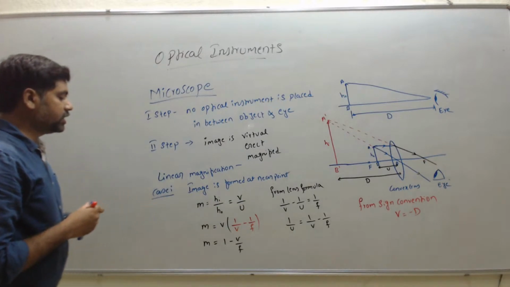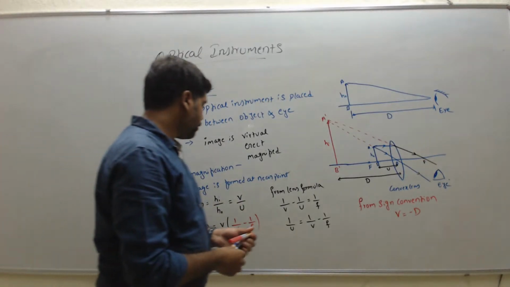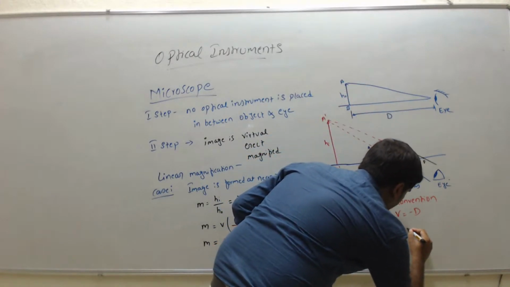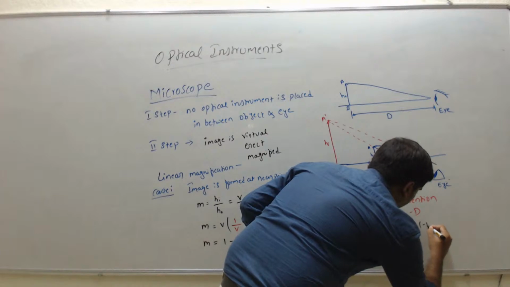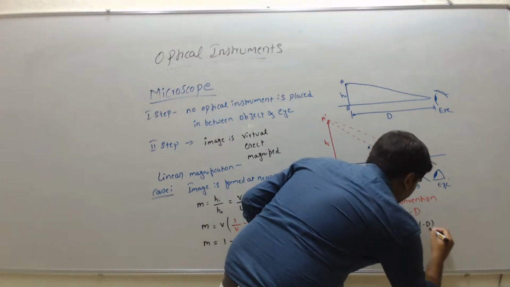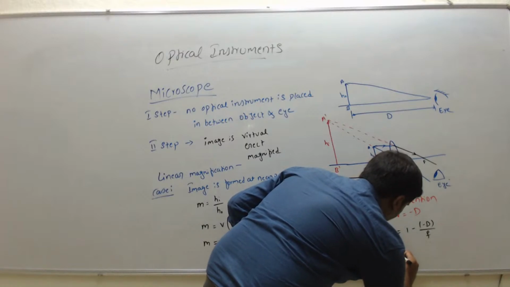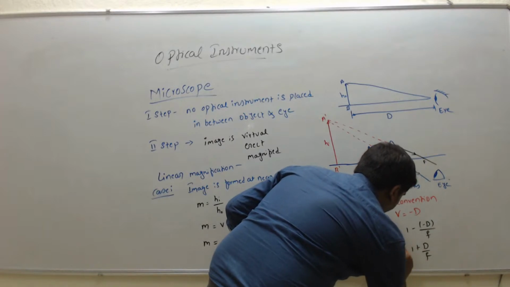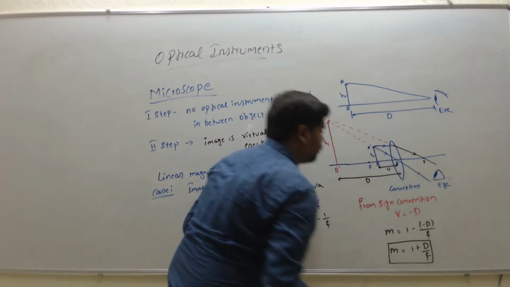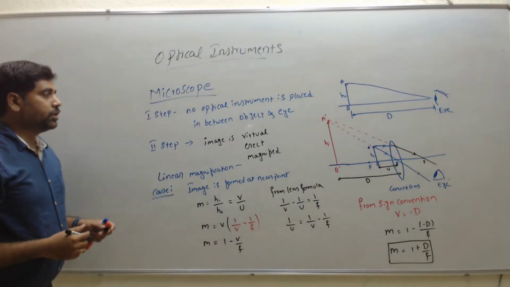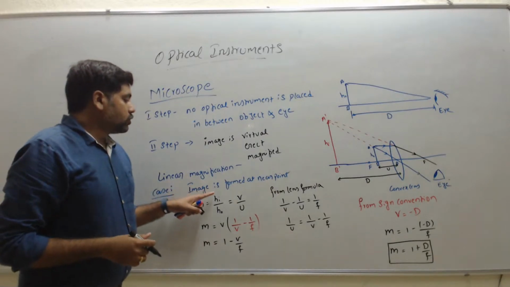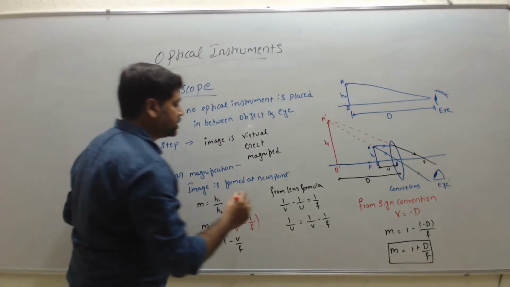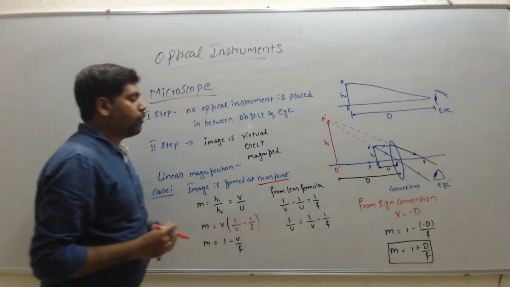Then the magnification M becomes M equals 1 minus of minus D divided by F, that is M equals 1 plus D by F. So this is the magnification of the microscope when the image is formed at the near point.